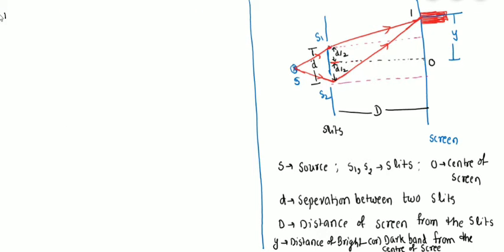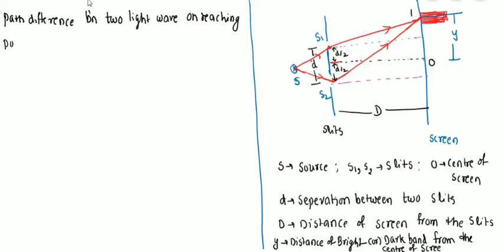What is the path difference between the two light waves on reaching the point P? Path difference between two light waves on reaching point P. From the figure, what is the distance traveled by the first light wave?